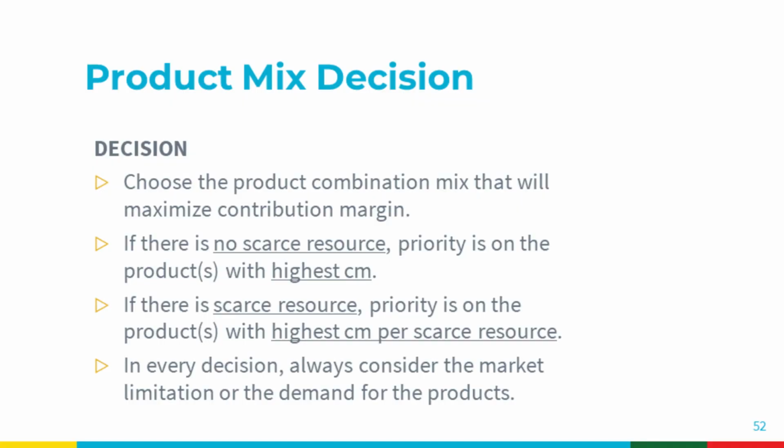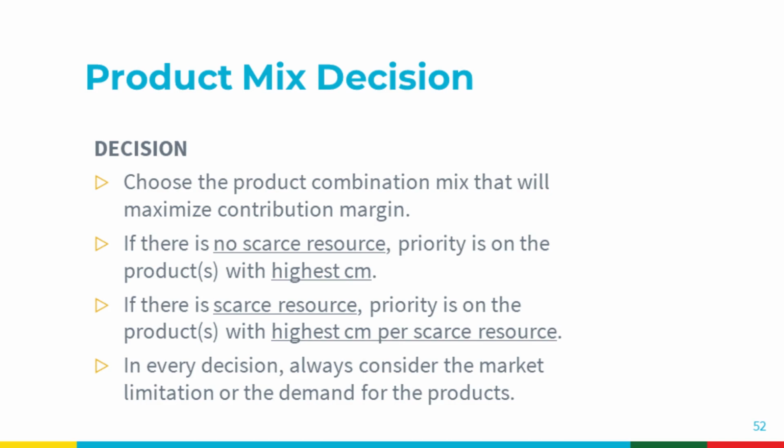Product mix decision. In this slide, we're going to discuss how we can decide on how many of each product that we are going to produce. Okay? Kunwari, may dalawa tayong products.